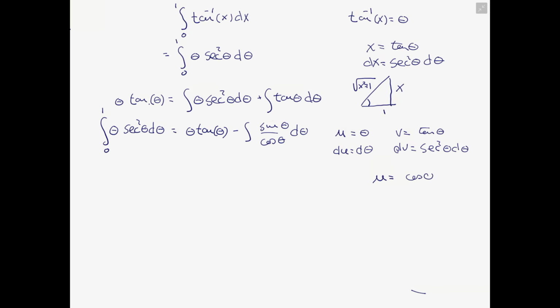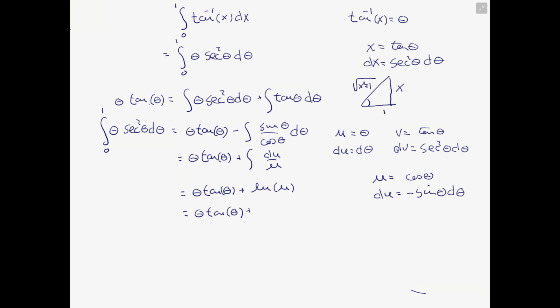We got u equals cos theta, du equals minus sine theta d theta, and then we have theta tangent theta minus natural log, or plus, du on u, and that is theta tangent theta plus natural log of u, which is theta tangent theta plus ln of cosine of theta.